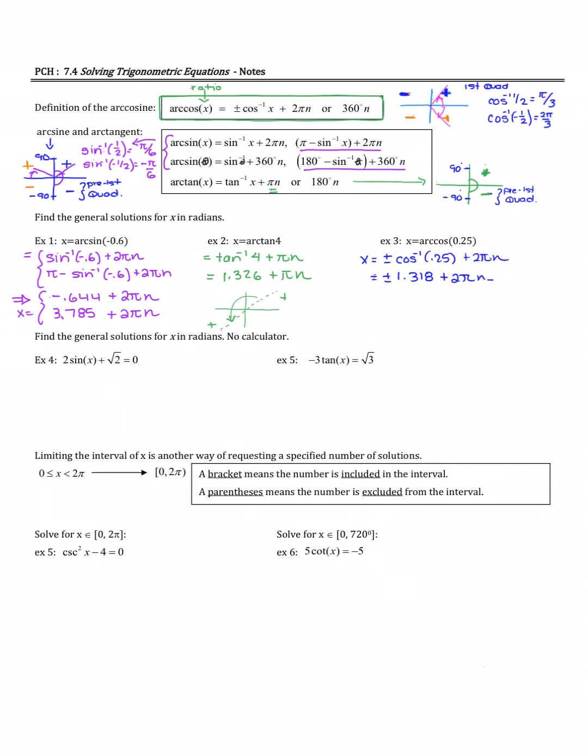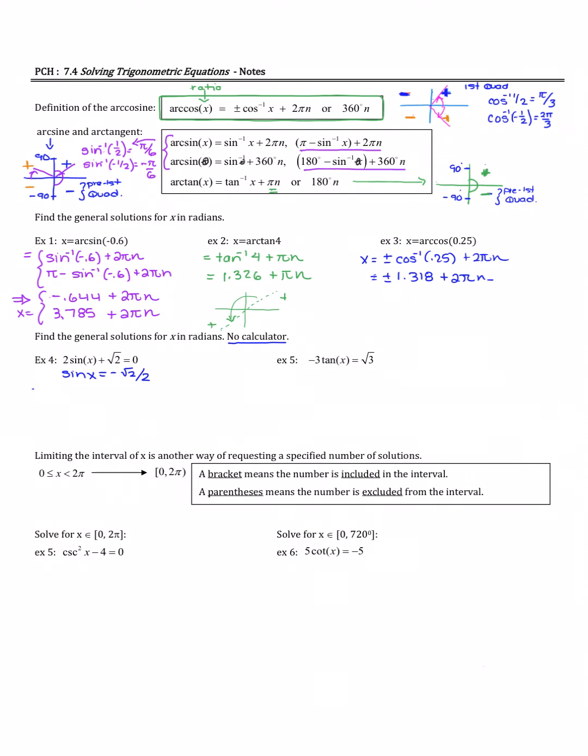Now, when we're solving without a calculator, this is how this would work. So I'm first going to subtract. I'm going to kind of do this all at once because I don't have a lot of space here. I'm going to subtract my rad 2 and then divide by that 2. Okay, so now we're going to take the arc sine of both sides and use our definition.